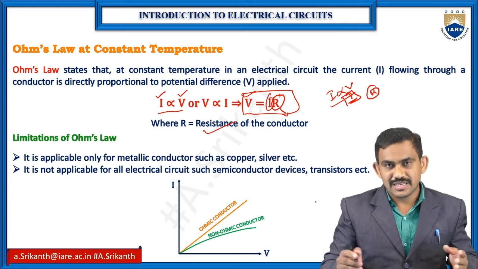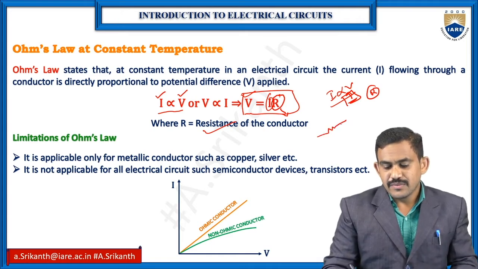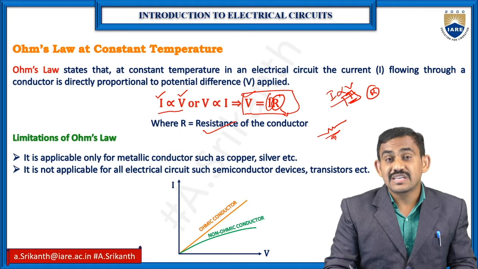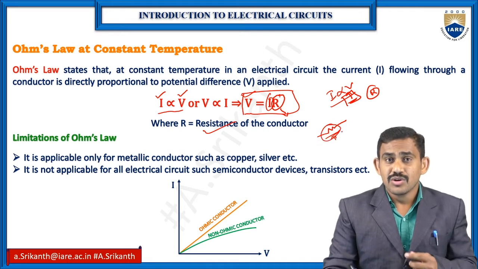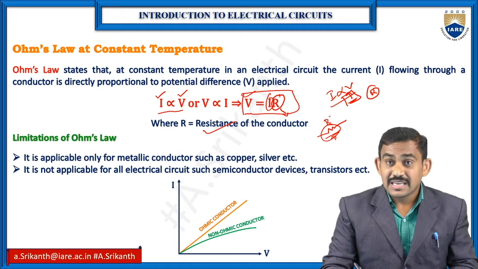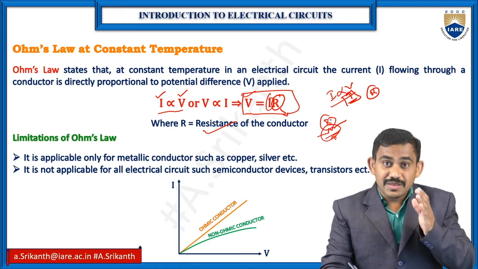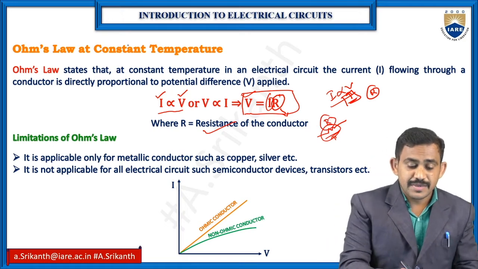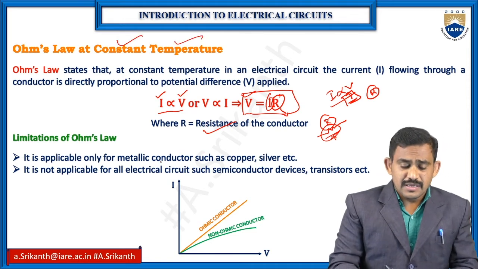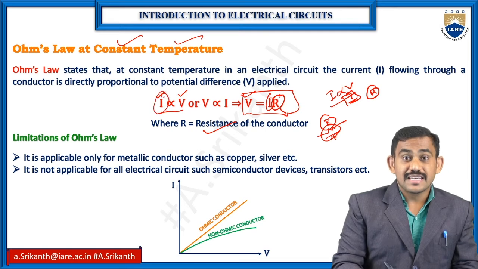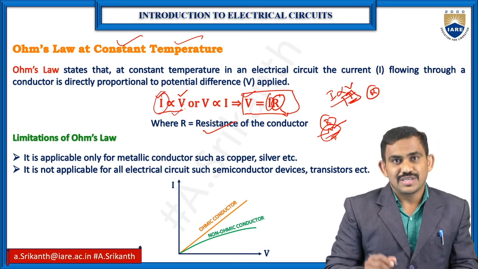If you have a resistor, its value will change with temperature, depending upon different tolerance. So the R value is constant at a particular temperature. At constant temperature, the flow of electrons is directly proportional to your voltage.